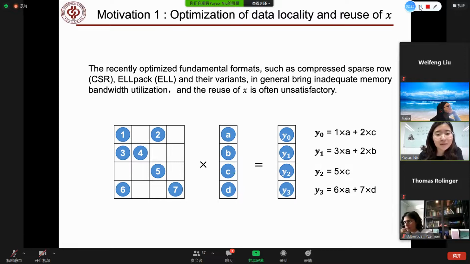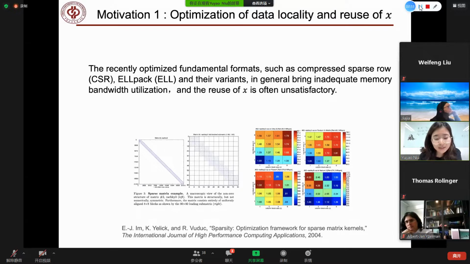The first one is about the optimization of data locality and the reuse of X. The work of Sparsity in 2004 has proven that the reuse of matrix A and vector Y cannot be improved, but the reuse of vector X can be optimized if there are elements in A that are in the same column or nearby one another.